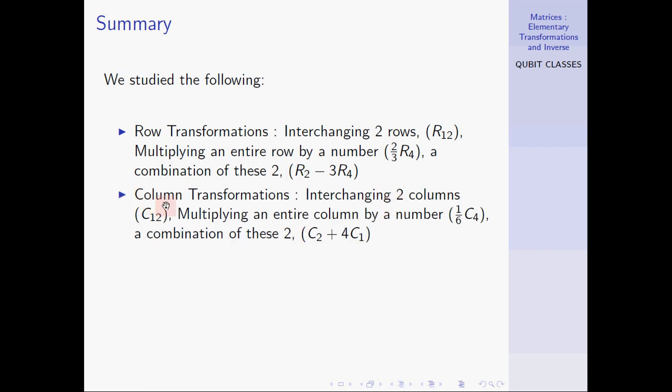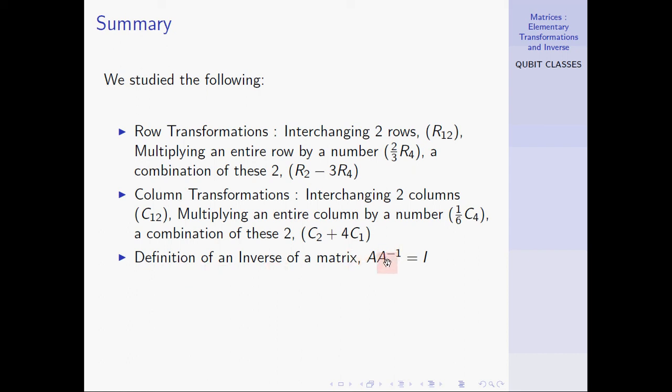We also saw the column transformations, where we basically perform operations on one or more columns. These include interchanging two columns, multiplying an entire column by a number, and a combination of these two transformations. We also saw what is an inverse of a matrix.